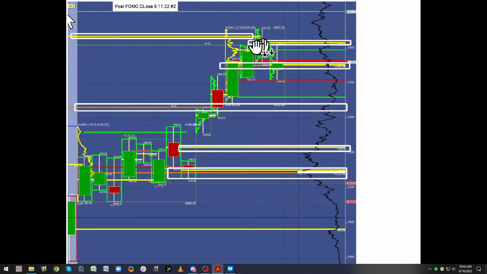Now let's look at these pieces. This is the 4308.75. On this day, and this is how auction market theory works, the highest volume on Wednesday was right here, 4308. And remember, the market tends to check retail prices.